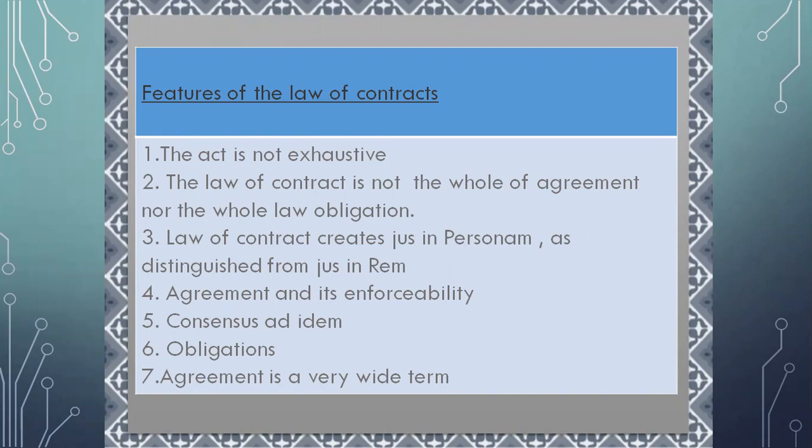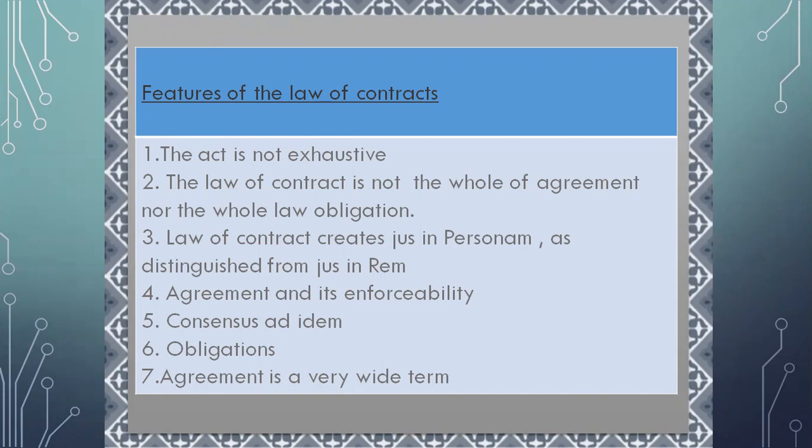It means that the parties to the agreement must agree about the subject matter of the agreement in the same sense and at the same time. Unless there is consensus ad idem, there can be no contract. So it says meeting of minds is necessary. If the meeting of minds does not happen, a contract does not come into existence.